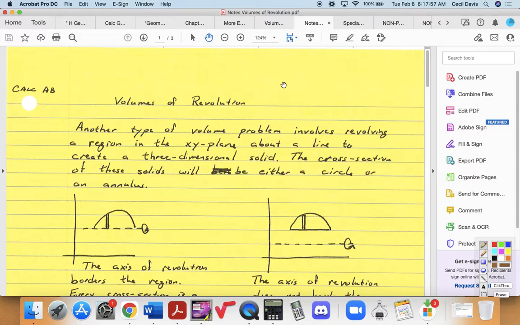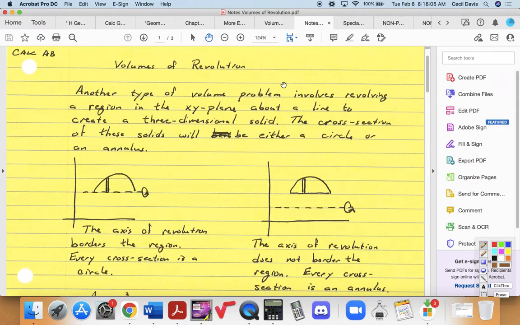How do you know which one it's going to be? Well, again, you can try and visualize it, or you can just look at this. If your representative slice here is attached to the axis of revolution, so that's like this, this pen is stuck to my finger. I'm going to point the line at you. When I spin this around, what am I going to get? A circle, right?